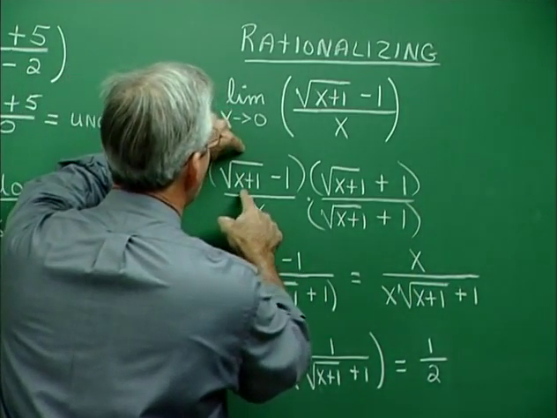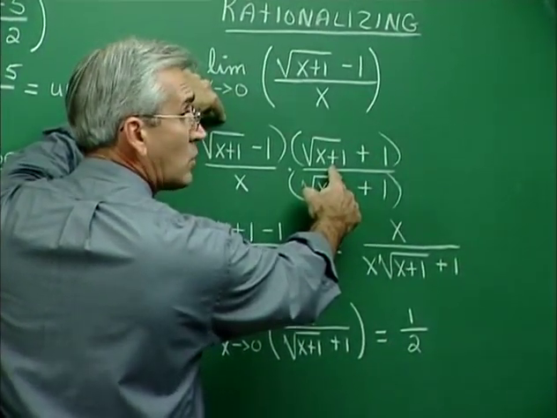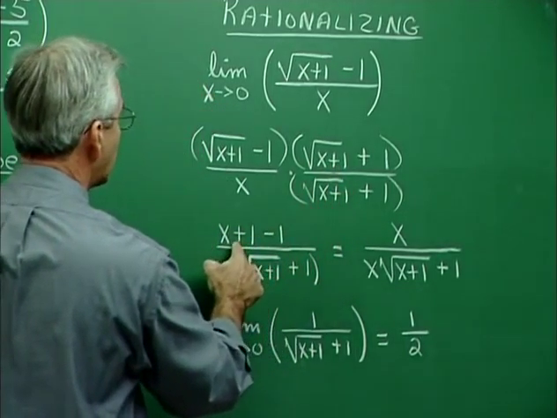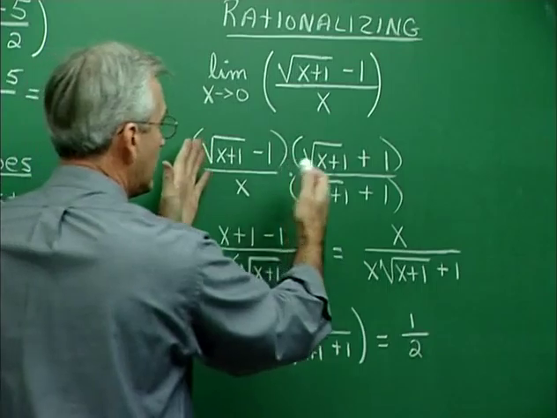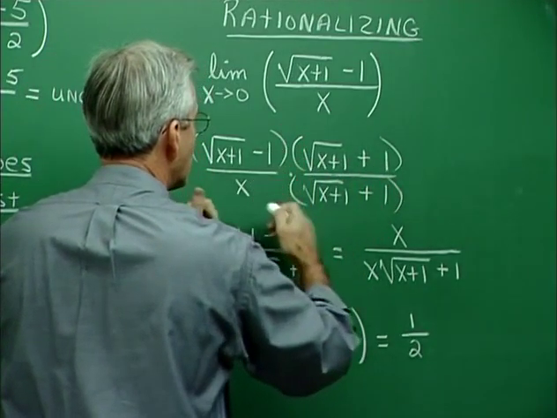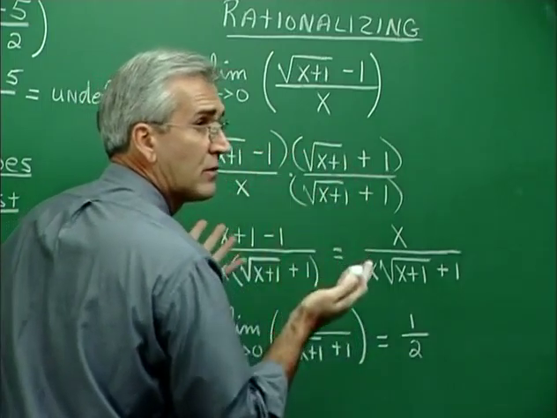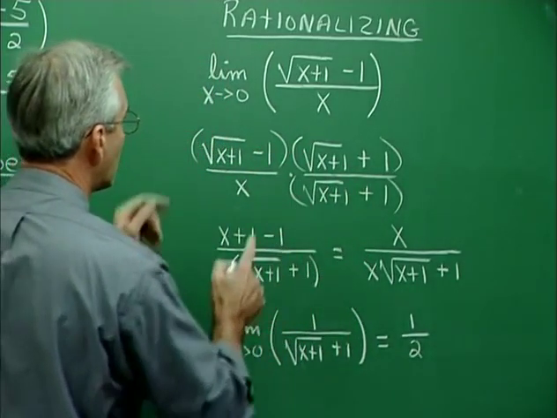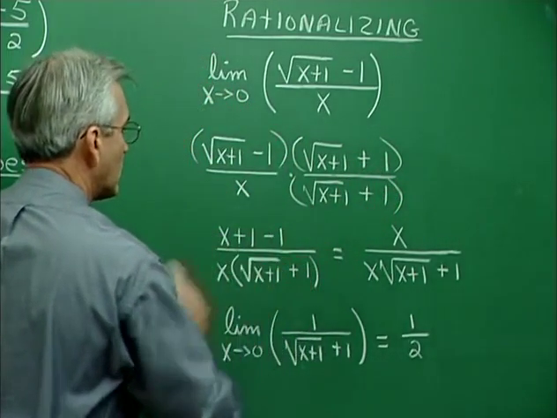The square root of x plus 1 times the square root of x plus 1, we know that that's x plus 1 squared under the radical, so that gives us the radicand x plus 1. And then we know the middle term goes out in this process. When we're multiplying the difference of terms times the sum of the same two terms, we get the difference of squares, it turns out. Middle term goes out, we don't get a trinomial as the result. The last term is negative 1 times plus 1 or minus 1.